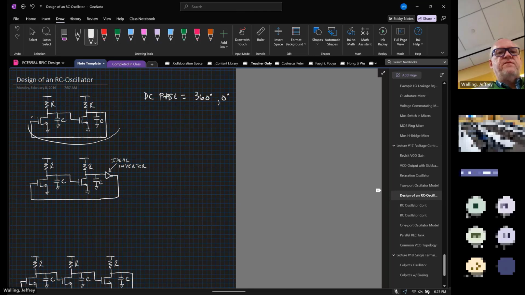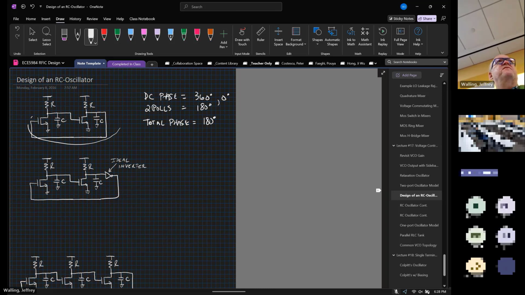Now, we have 2 poles now. So how much do these give us? 180. Maximum of 180. Yeah. All right. So our total phase shift is now equal to 180 degrees, assuming that we wrap around every 360.